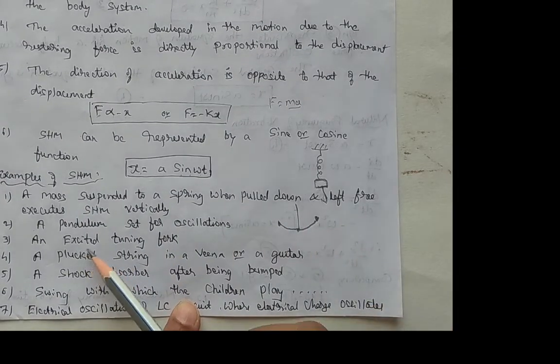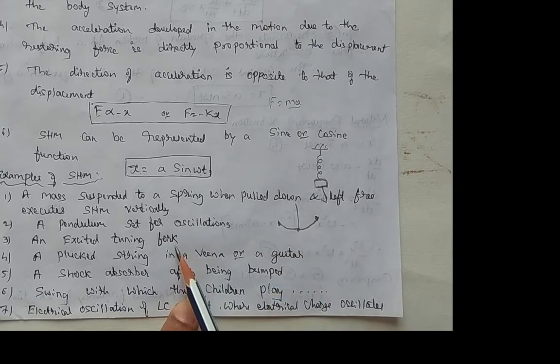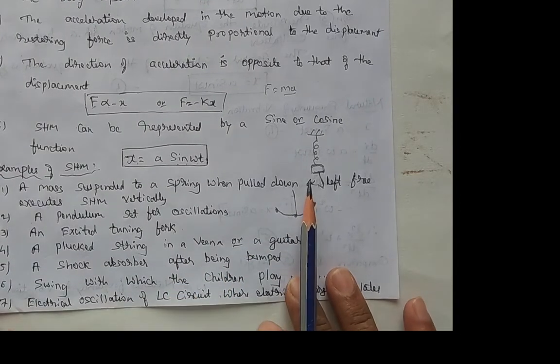The next is an excited tuning fork. We take a tuning fork and hit one of its prongs against a rubber pad, then that prong starts oscillating. So a tuning fork set into vibration is also a good example of simple harmonic motion.